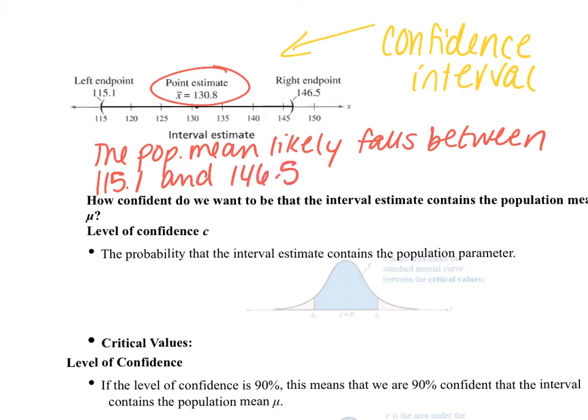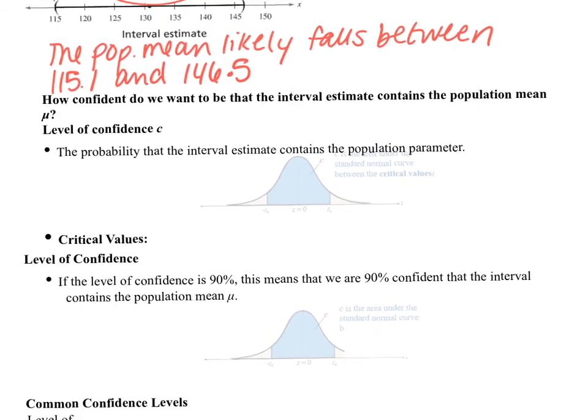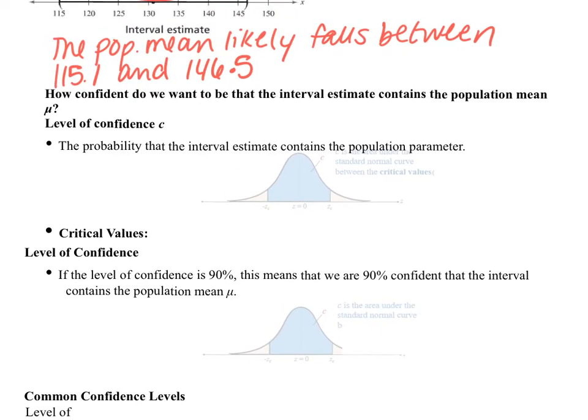So it's just giving us a range of possibilities so that you're more likely to figure out approximately what the mean is rather than just pinpointing one specific value, which is very likely to be incorrect. So how confident do we want to be that the interval estimate contains the population mean mu?